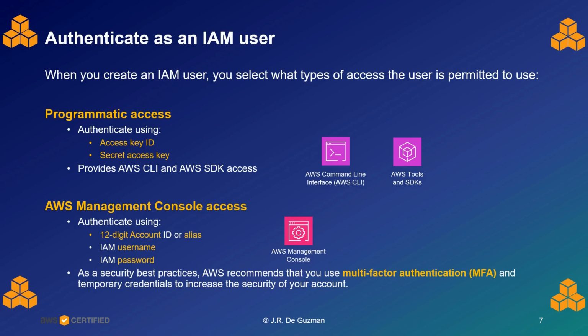Next, authenticate as an IAM user. Authentication is a basic computer security concept. A user or system must first prove their identity. Consider how you can authenticate yourself when you go to the airport and you want to get through airport security so that you can catch your flight.